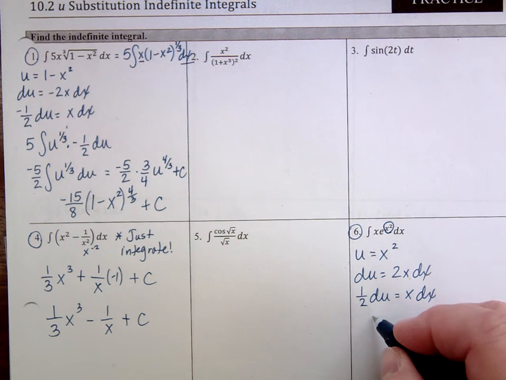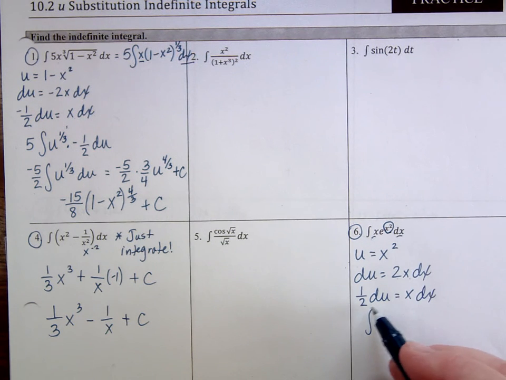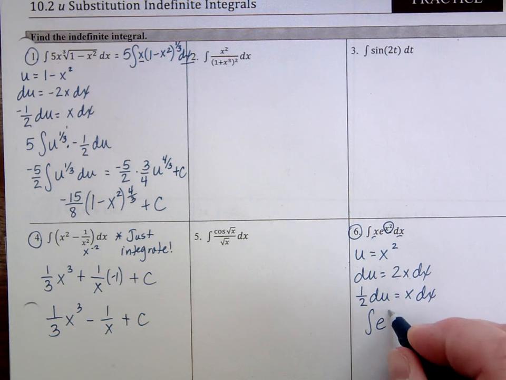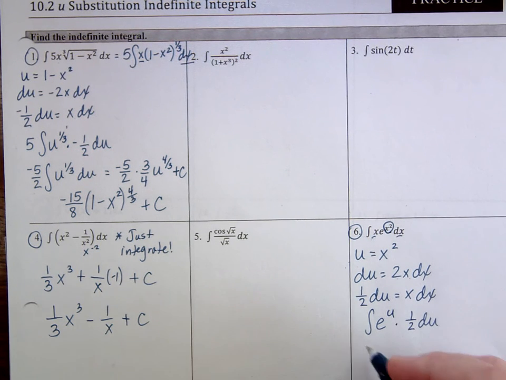All right, do the substitution. Here's my integral. The x and the dx are equal to 1/2 du, and I've got e to the u times 1/2 du when I do the substitution. The 1/2 comes in front. And so if I integrate e to the u, I get e to the u.